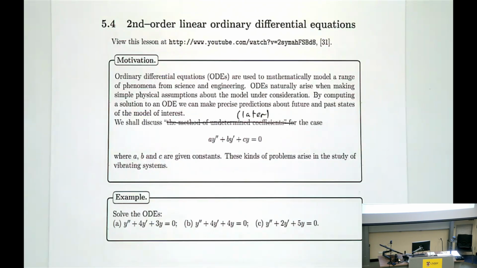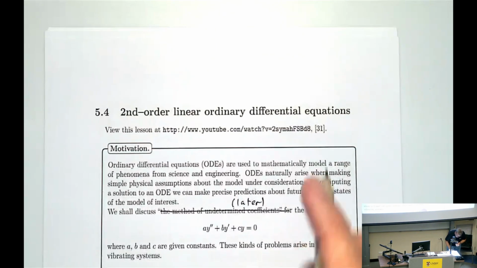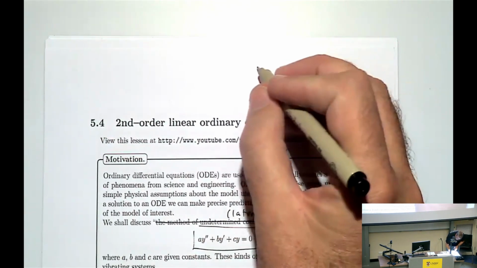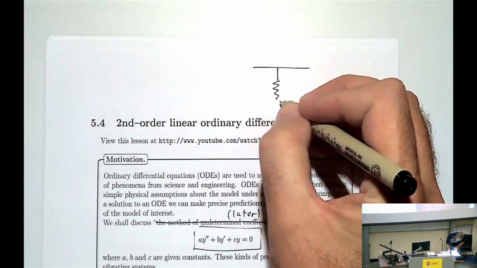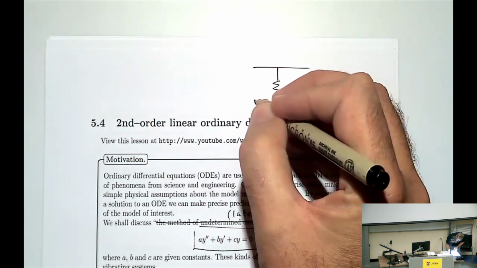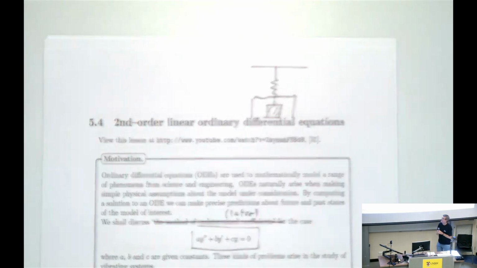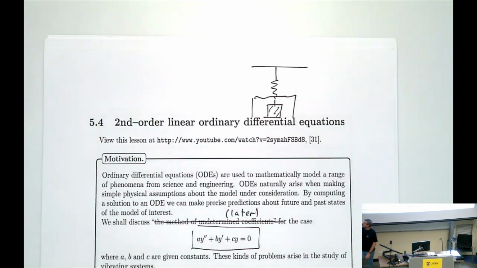So where do these problems arise? A, B, and C are constants, but let me give you an example. The main thing for these is something like a spring with a mass. The mass might be contained in oil, or honey or something.